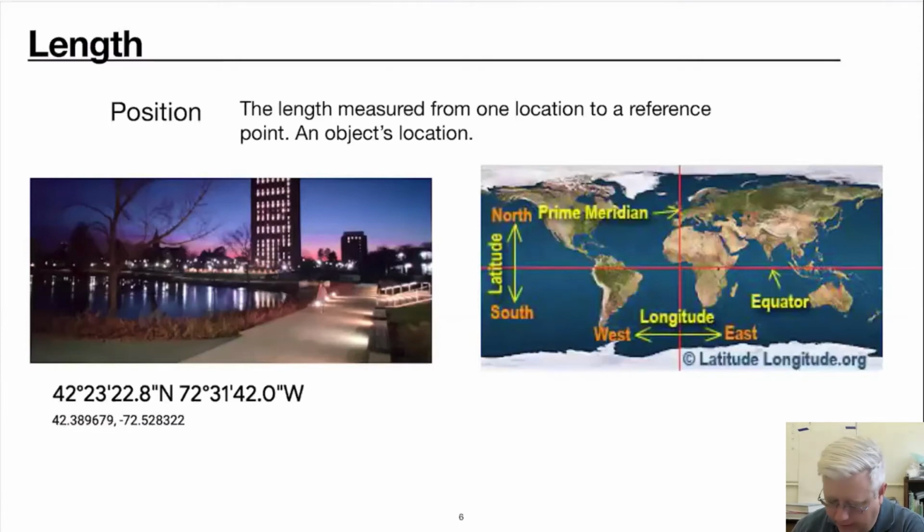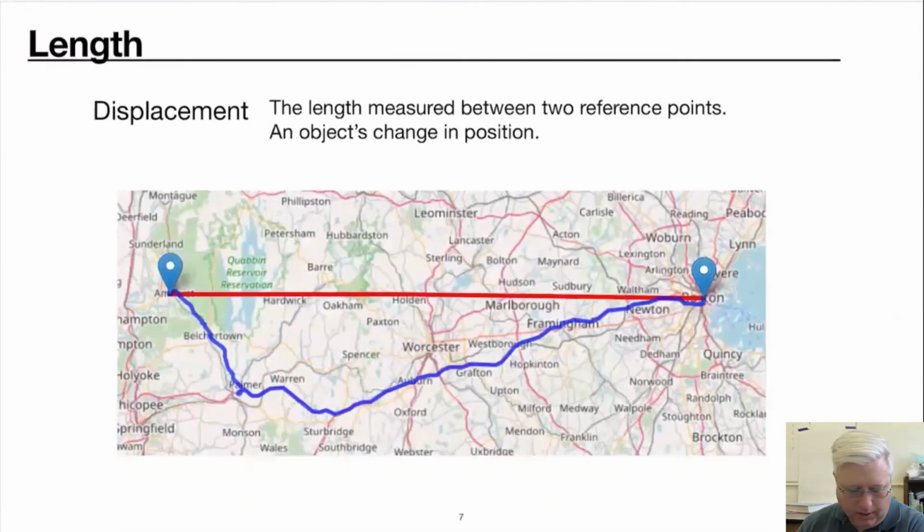And then finally, the third part of length, we call displacement. You may have heard the term displacement when thinking about water getting displaced. Displacement is the length measured between two reference points, or an object's change in position.